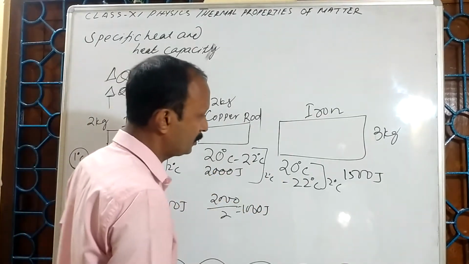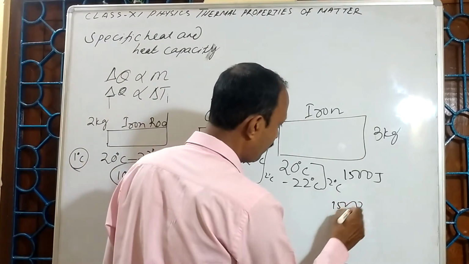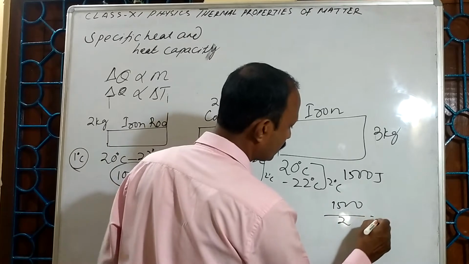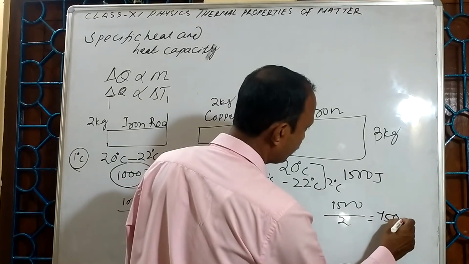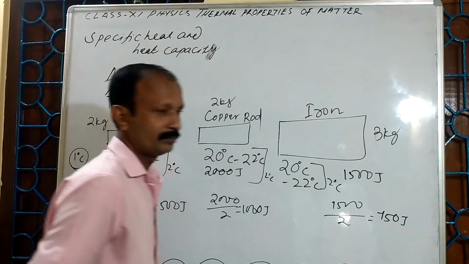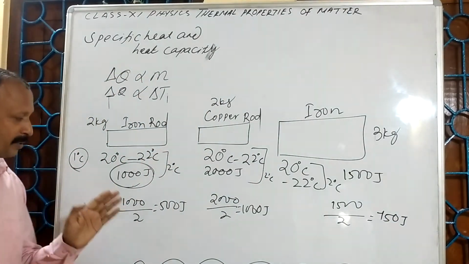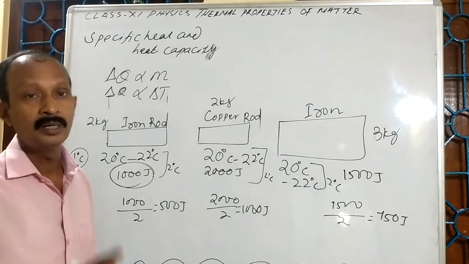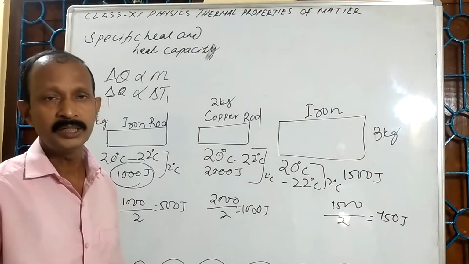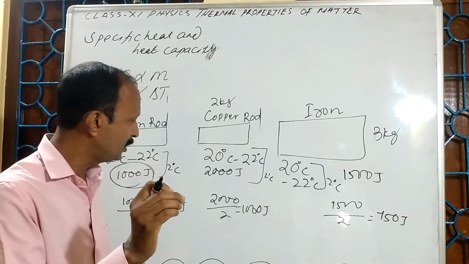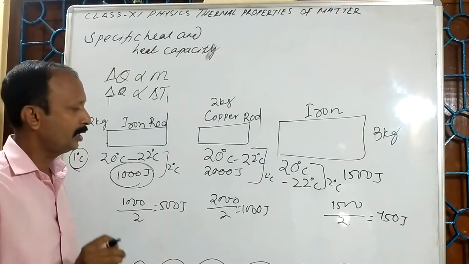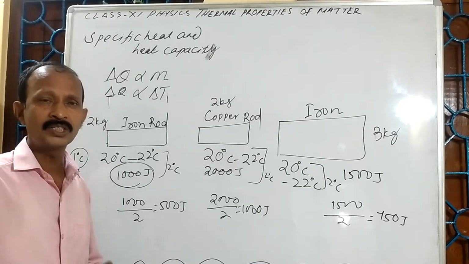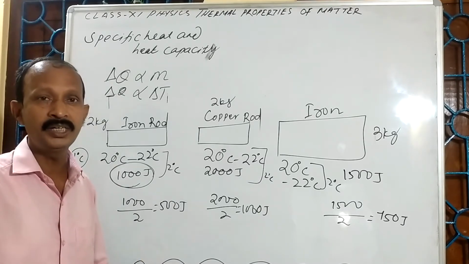And in the third case, this is 1500 upon 2 is equal to 750 joule. So I have calculated how much heat is required to raise its temperature by 1 unit. You can say 1 degree Celsius change in temperature, or you can say 1 Kelvin change in temperature. That is called the heat capacity.